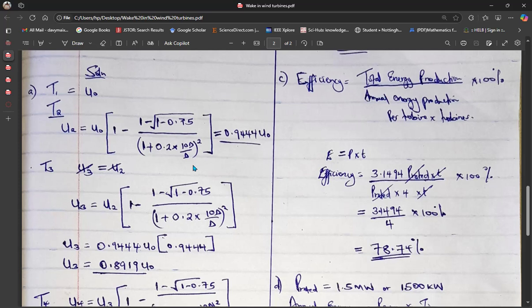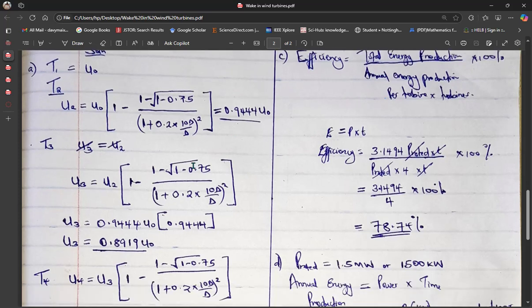And now I want you to think about what will happen to the third turbine. So if we have the second turbine getting 0.9444 U0, you should know that the third turbine is expected to get less wind speed than the second turbine.